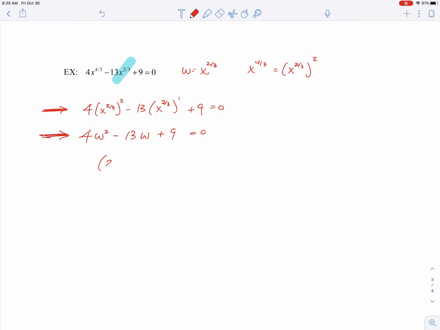And if you can factor, that's going to factor as 2w plus 3? No. That's not going to factor like that.